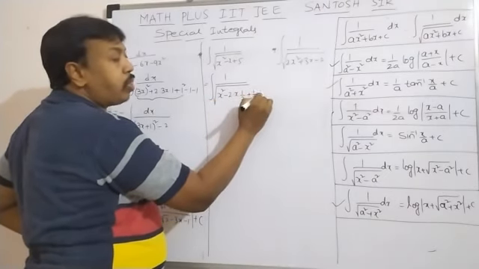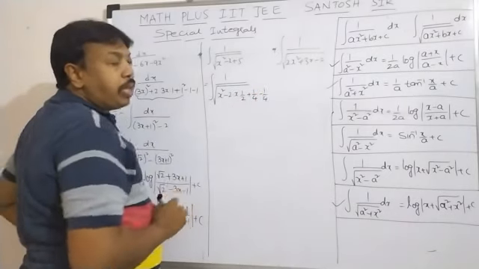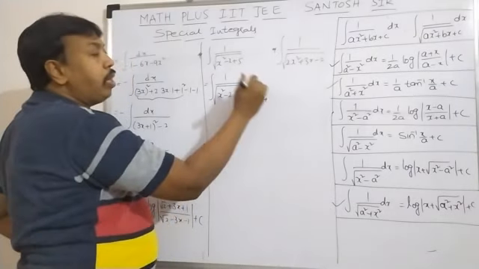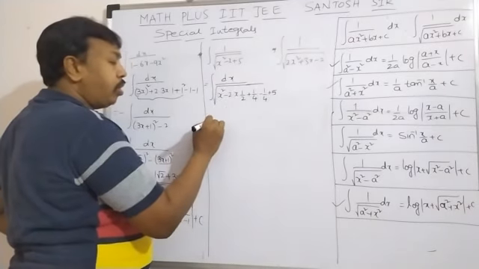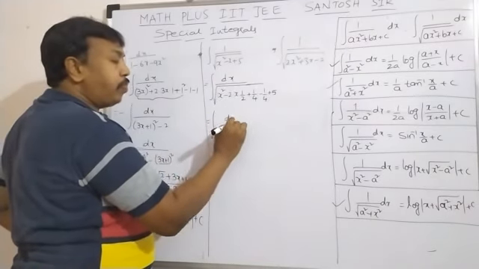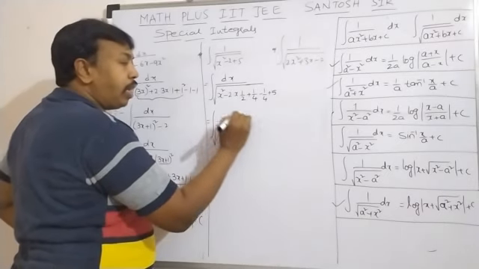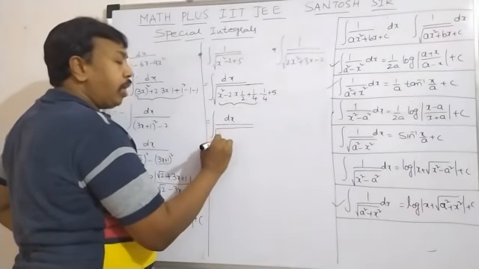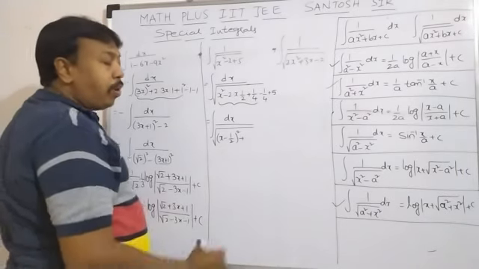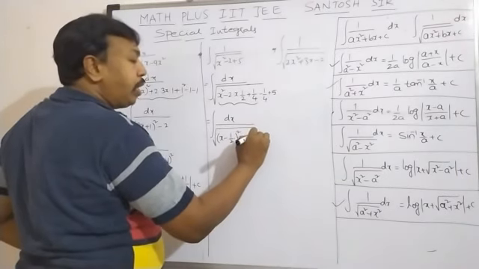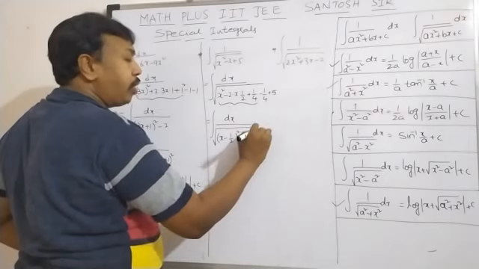So plus b square should be there, minus b square should be there. Add and subtract 1 upon 4, and plus 5 as it is. Now simplify this. Integral dx upon this entire thing becomes x minus 1 upon 2 whole square plus 5 minus 1 by 4. If you take LCM, 19 by 4, that is root 19 by 2 whole square.